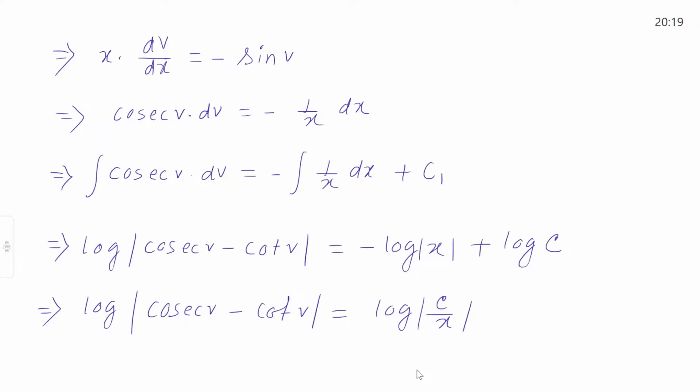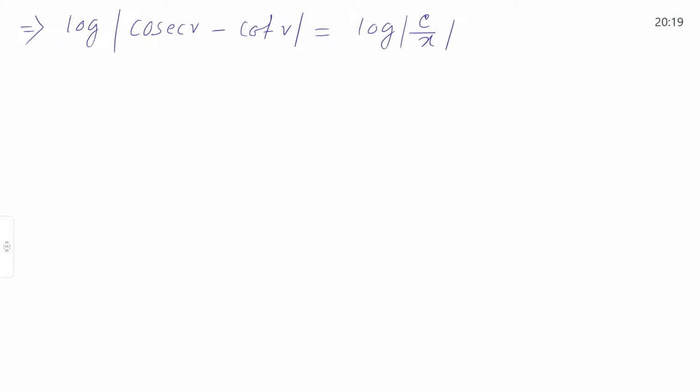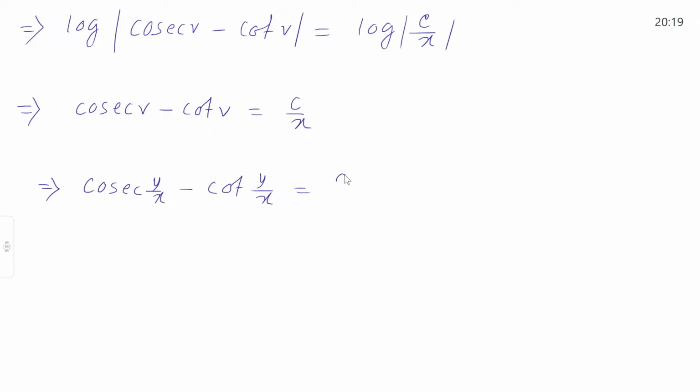Now remove logarithms. So cosec v minus cot v is equal to c/x only, and v is replaced by y/x, so it is cosec(y/x) minus cot(y/x) is equal to c/x.